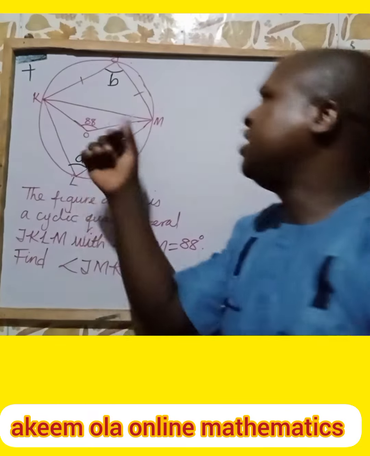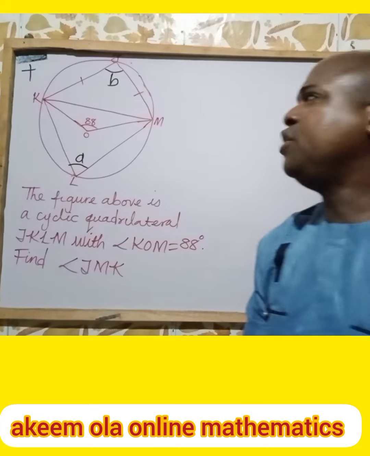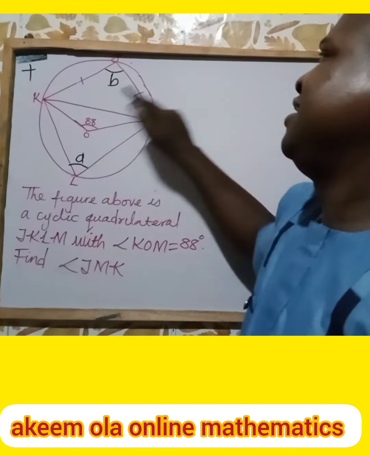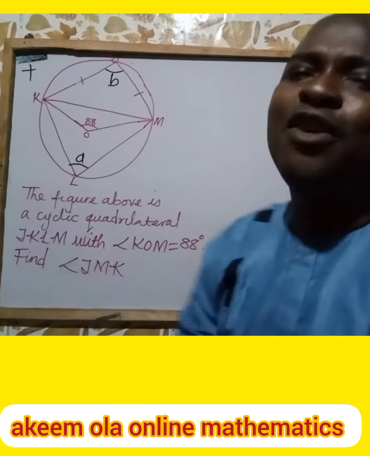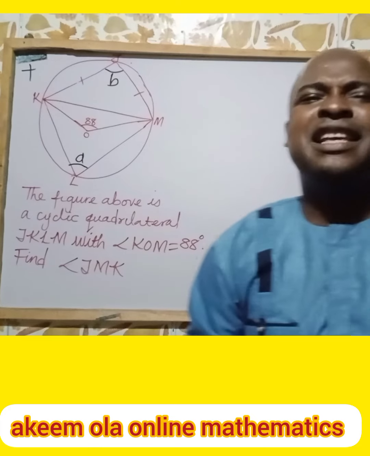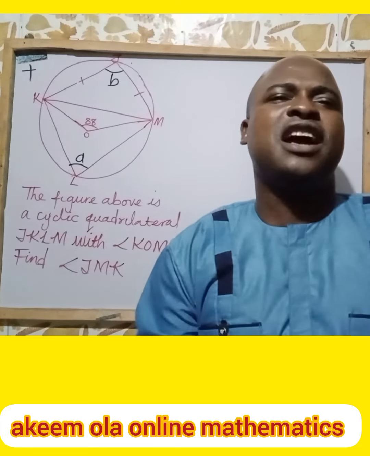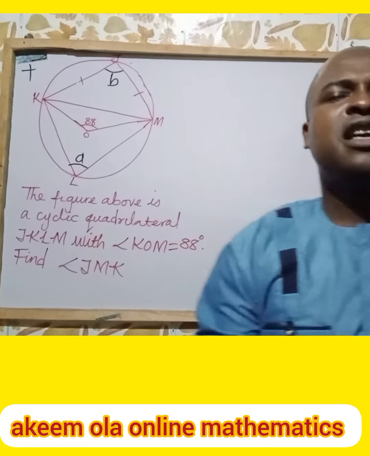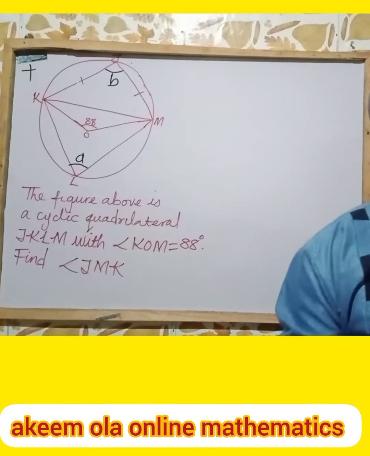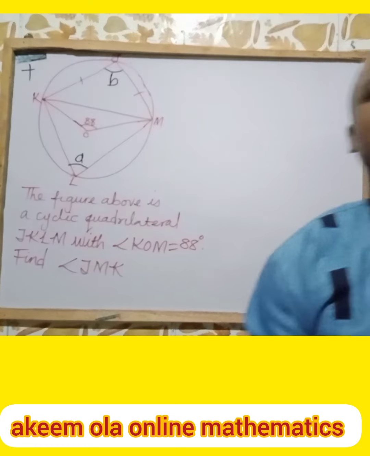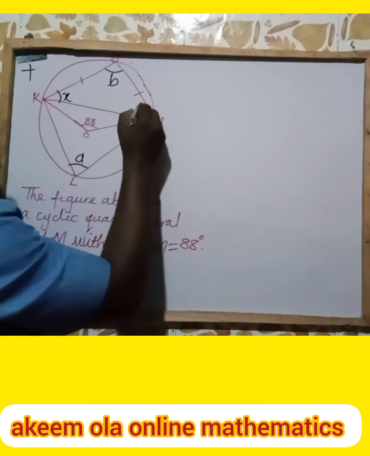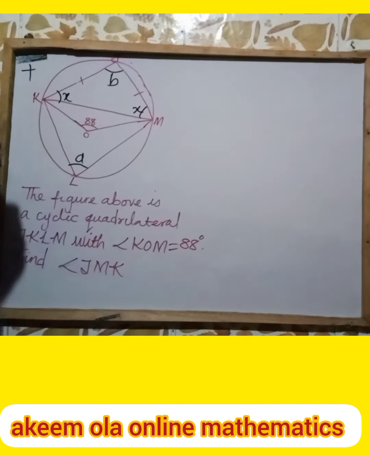When you look at the diagram on the board, you will notice that we have an isosceles triangle, and there is also a law related to the isosceles triangle. And what is that law? It says that the base angles of an isosceles triangle are always equal. That means if here is x, definitely here too will be x.